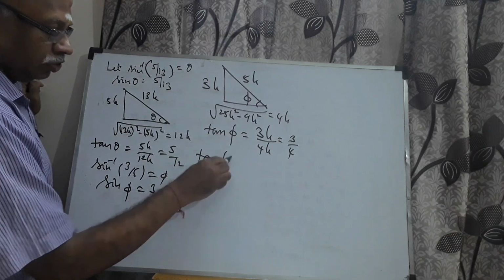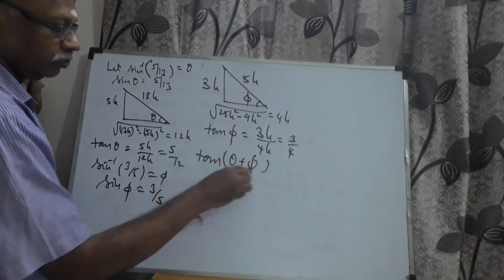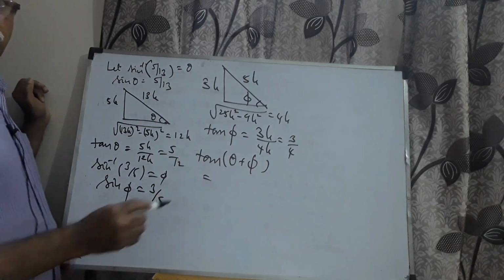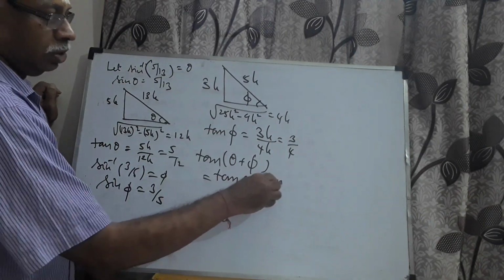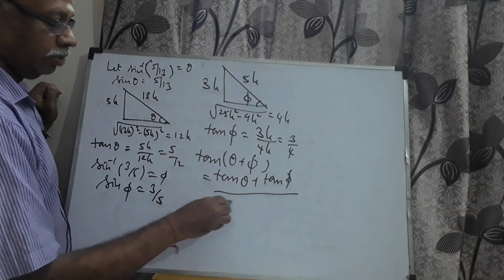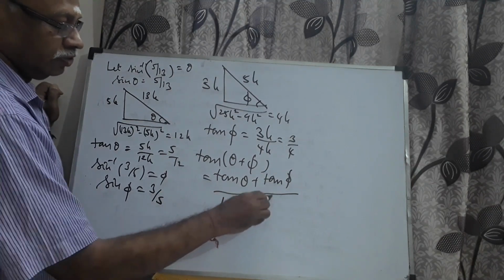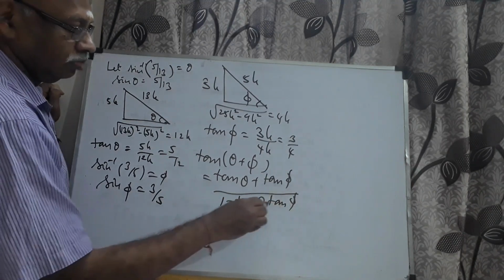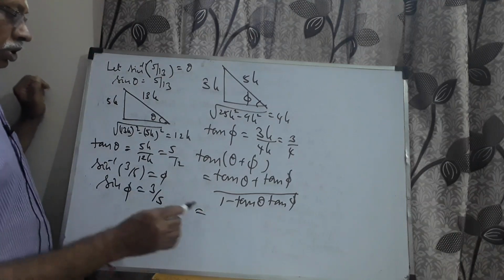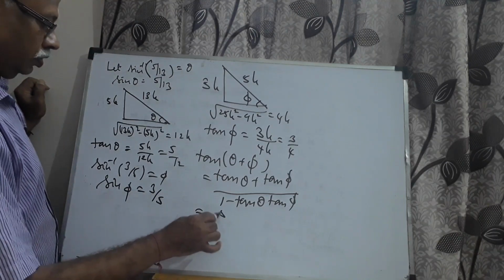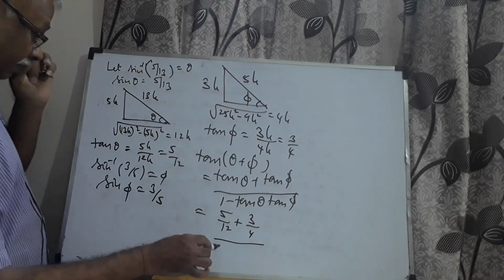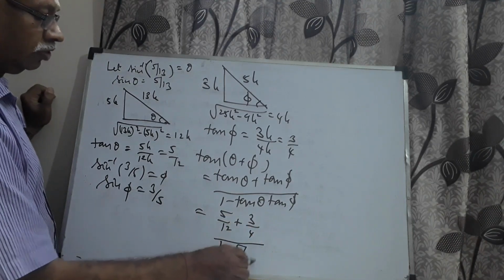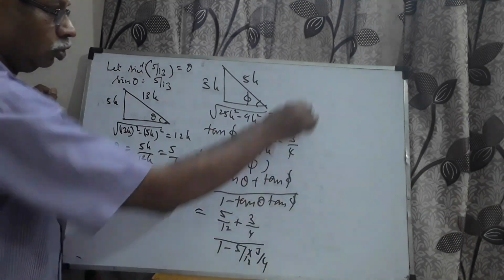Now let me simplify tan of theta plus phi using the tan a plus b formula. What do I get? Tan theta plus tan phi divided by 1 minus tan theta tan phi. This reduces to 5 by 12 plus 3 by 4 divided by 1 minus 5 by 12 into 3 by 4.